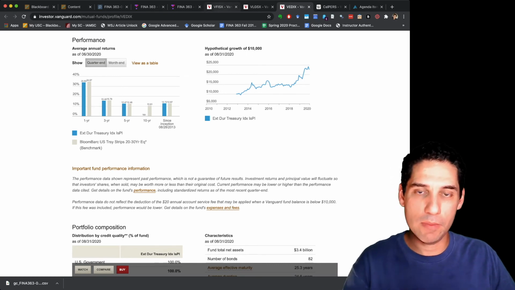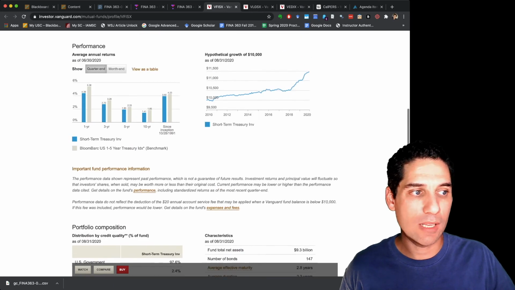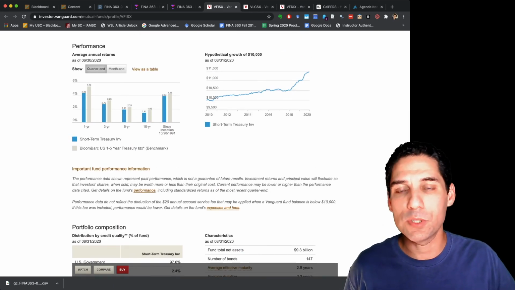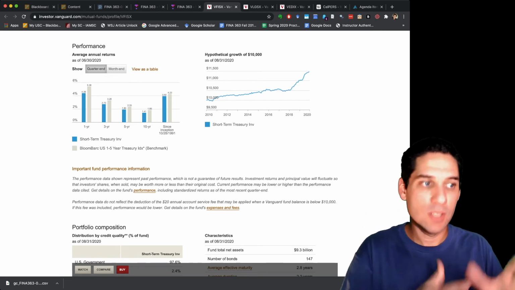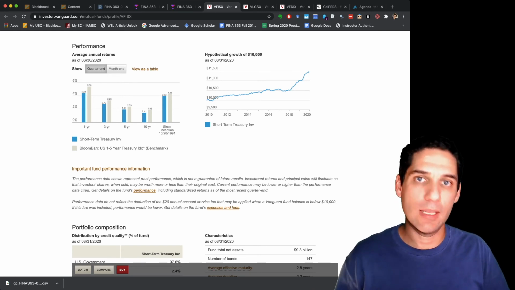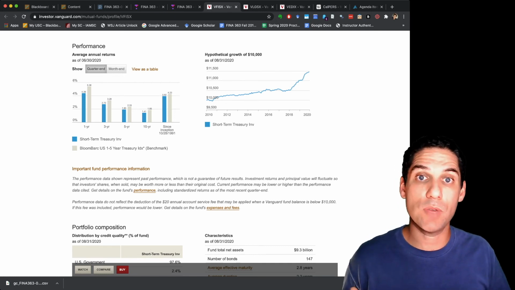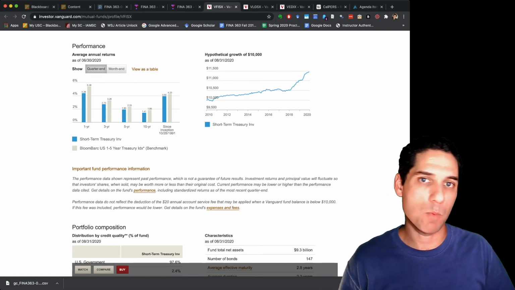Whereas if you look at the short-term treasury fund, over the last 1 year, it's not bad. It was only 4%, right? Because interest rates were dropping and the short duration fund went up much less than the extended duration. But again, these things can switch very quickly. If interest rates start to go up, the extended duration one will plummet much faster.